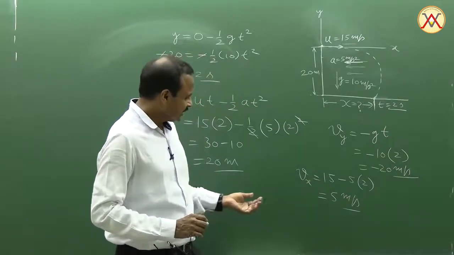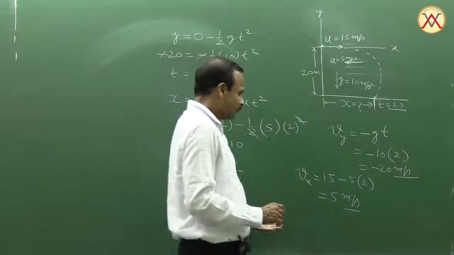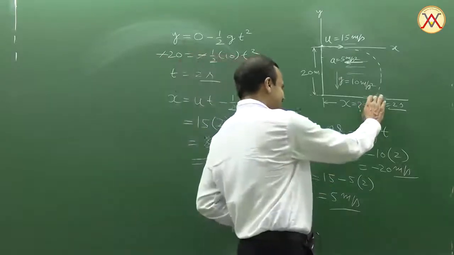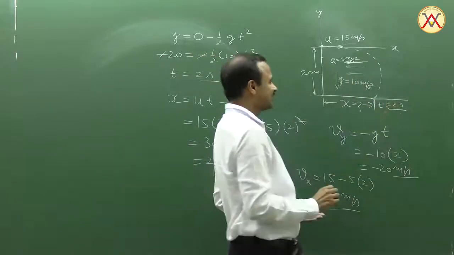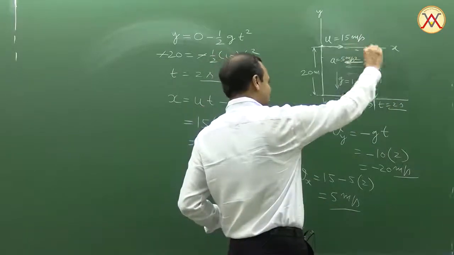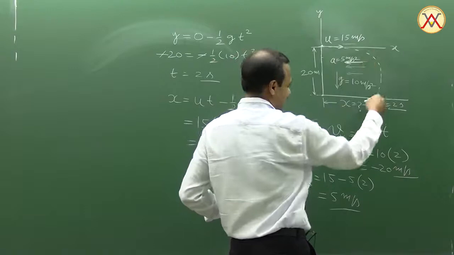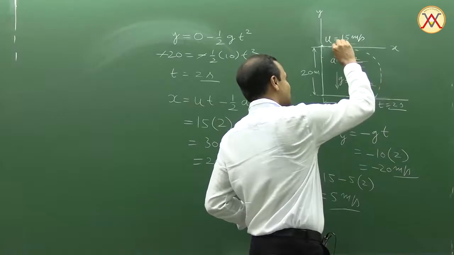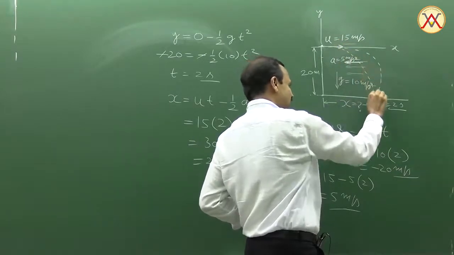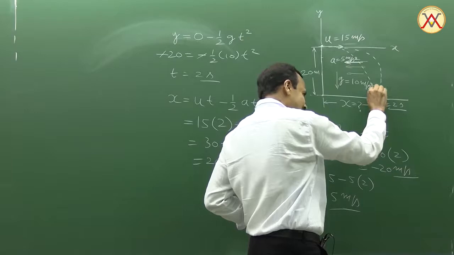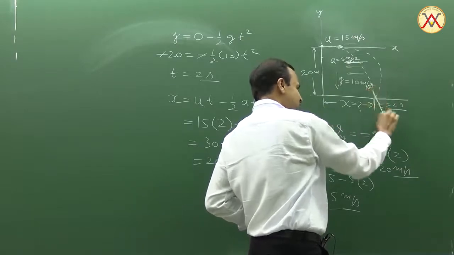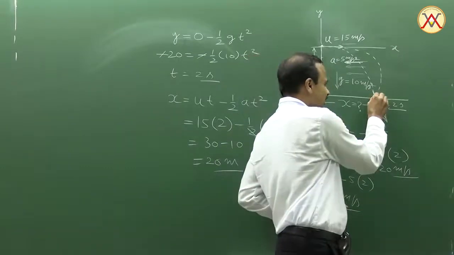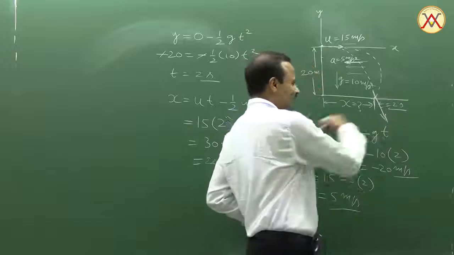That means when the particle hits the ground, we are getting a positive value of V_x, so it is still moving in this direction. The trajectory that I have drawn initially may not be exactly correct. In fact, because it is still moving in the horizontal direction, the path should be somewhat like this, so that at this point the tangent drawn to the trajectory should point in this direction and not in this direction.